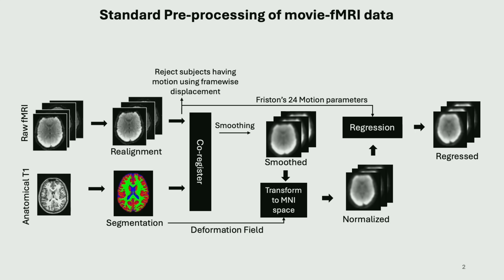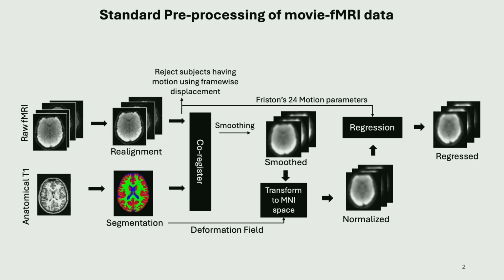In some ways, the pre-processing strategies are very similar to what is used in resting state. So there are many similarities. You have the raw fMRI and the high resolution T1, and then we use a series of processing strategies.